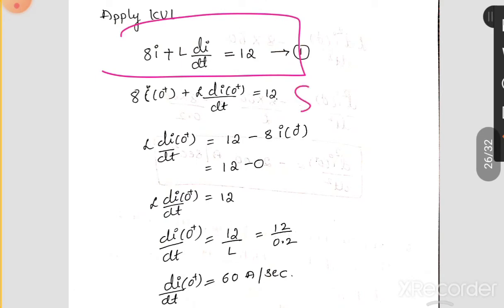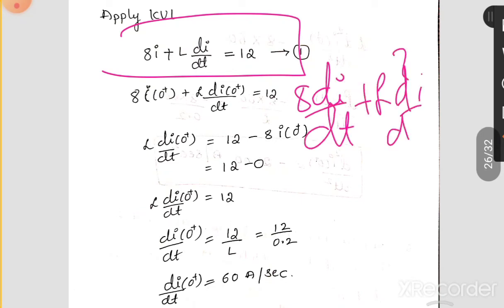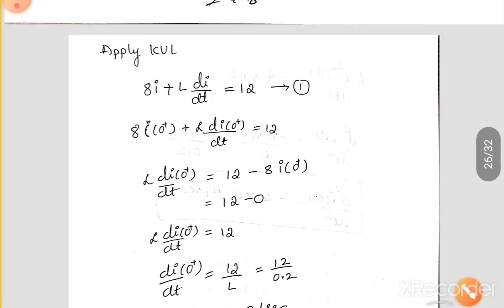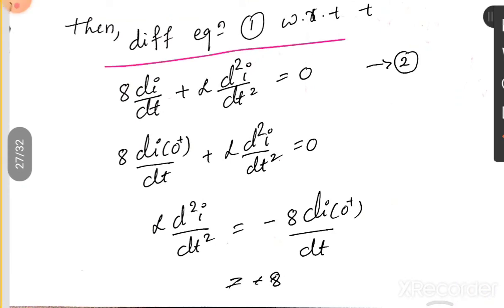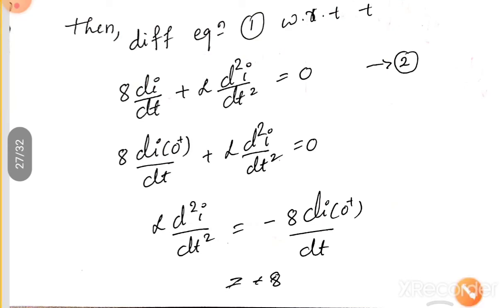When you differentiate it, it will be 8 di by dt plus L into d square I by dt square equal to 0.